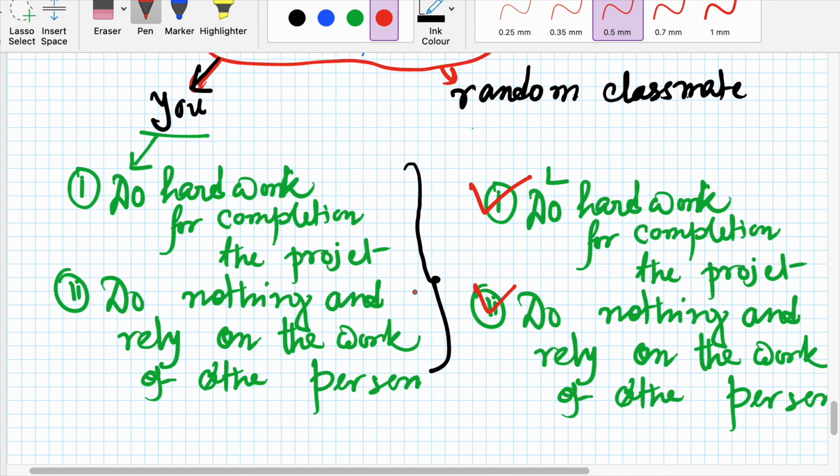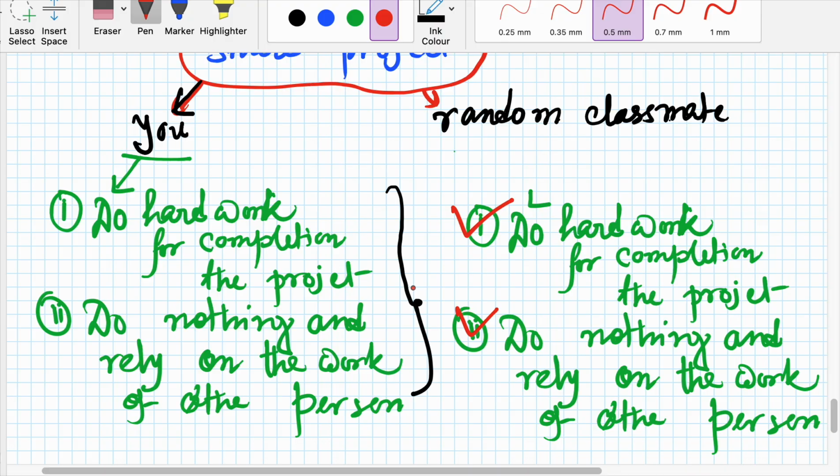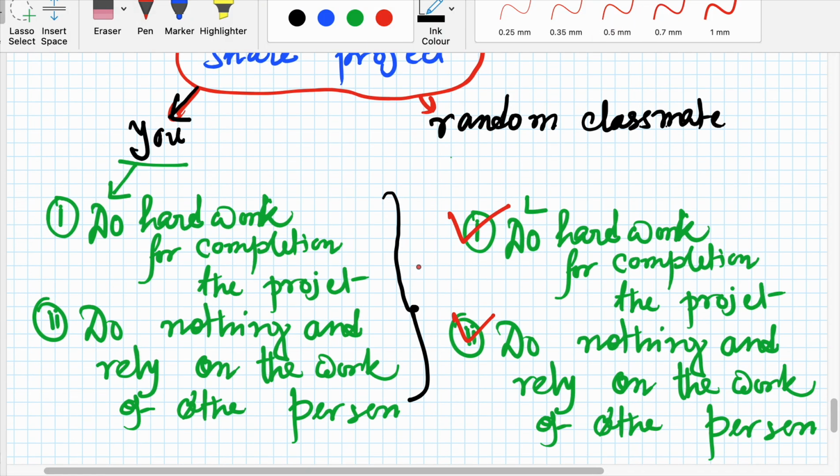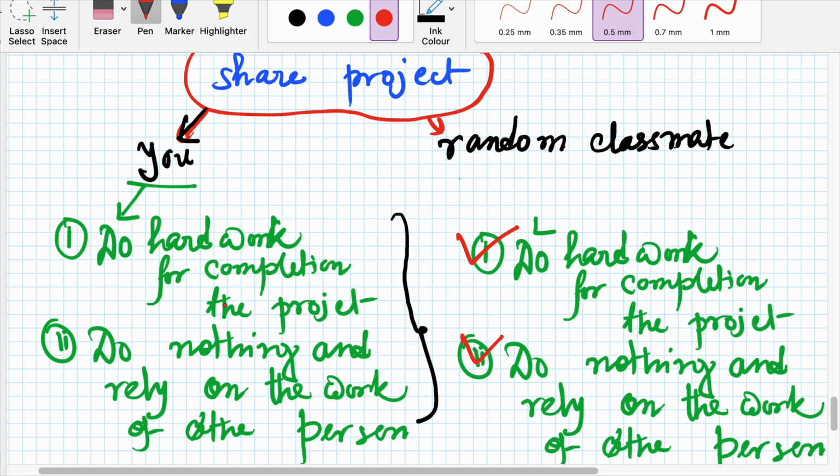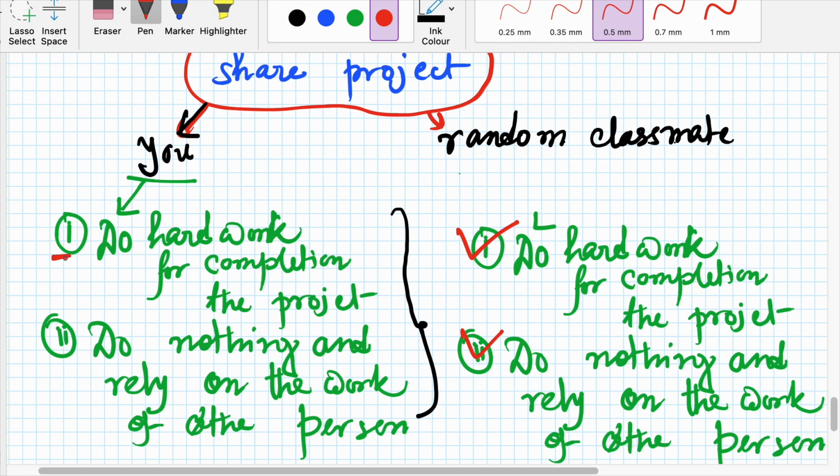Now since you don't know your random classmate, you don't know whether the classmate is lazy or eager to do the project, so you have to choose an action independently of your project mate.